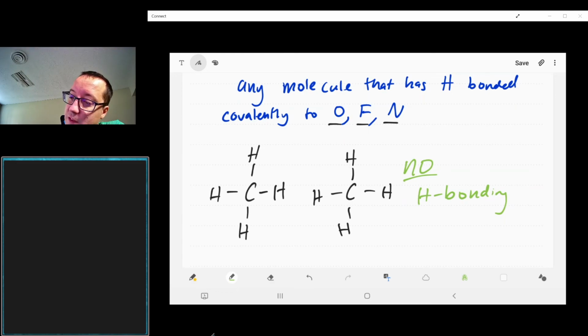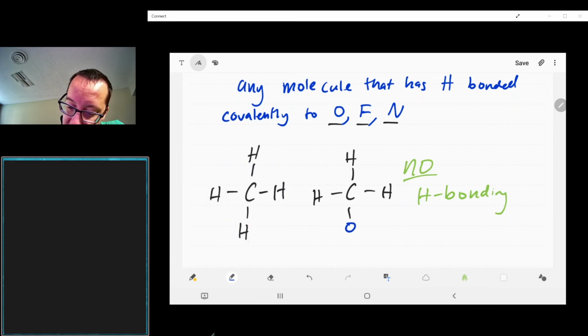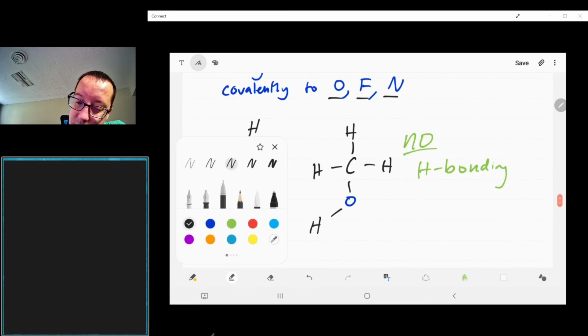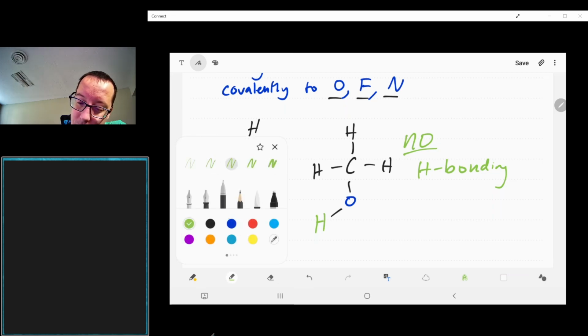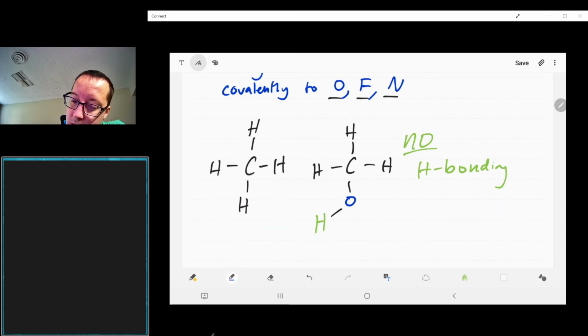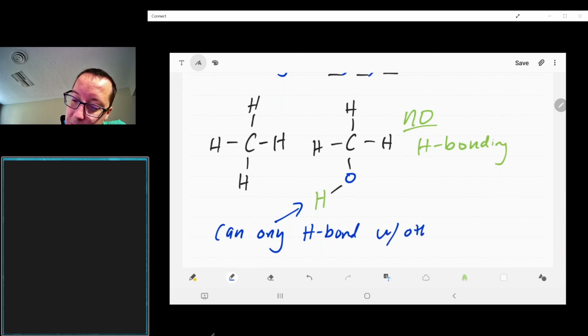Even if one of these was now an oxygen, let's make it a green hydrogen. This green hydrogen can only interact with other nitrogen, oxygen, or fluorines.